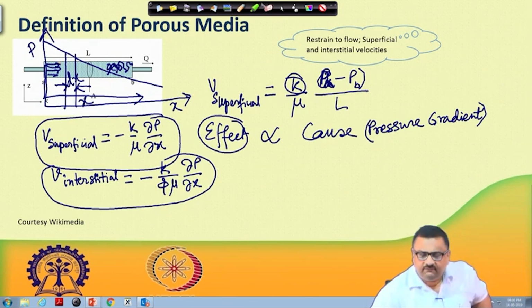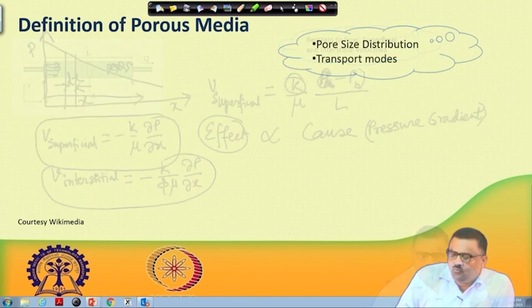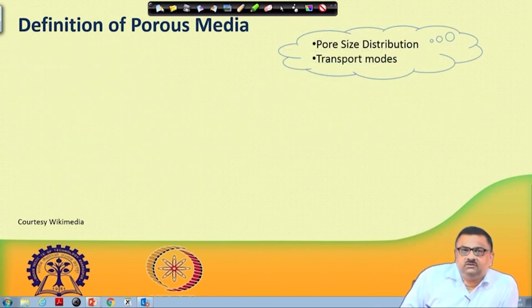So, what we have next is the so-called pore size distribution. This is also another important thing we must keep in mind. We have been talking about permeability and porosity and all this, but these pores are not of uniform size.